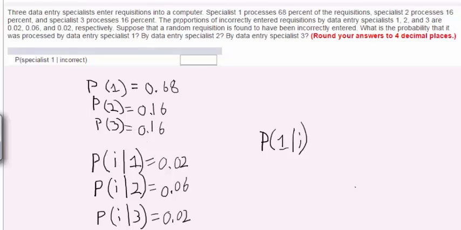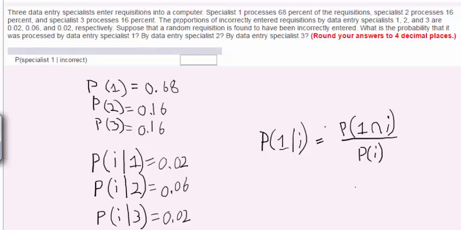Look at your probability rules handout that I emailed out earlier this week. To compute a conditional probability, there's a simple conversion formula. This is equivalent to the probability of 1 and I over the probability of the given information, the information that has already occurred.